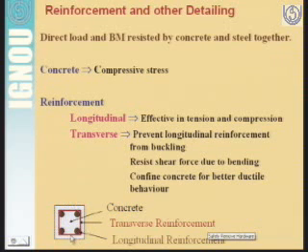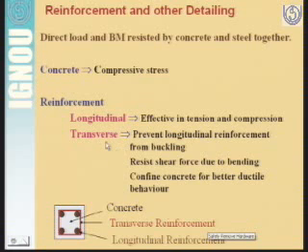Another type of transverse reinforcement is the spiral, which we call spiral or helical reinforcement. So transverse reinforcement is provided in two types, ties and spirals. Here you see the tie.